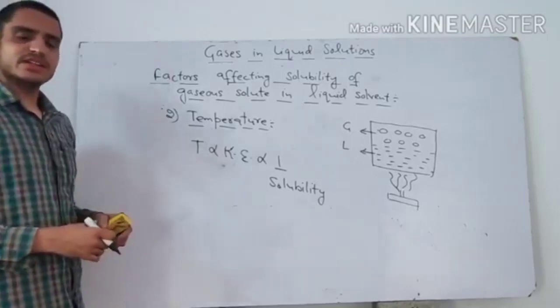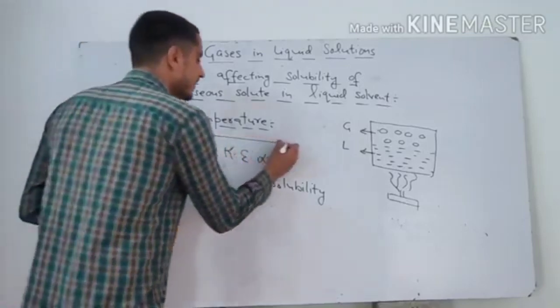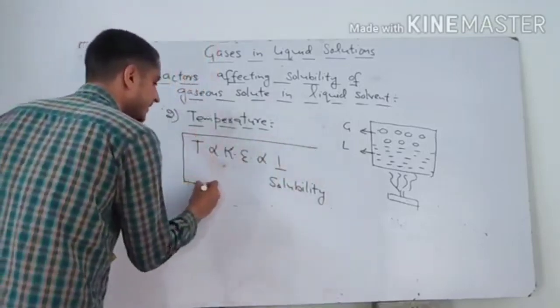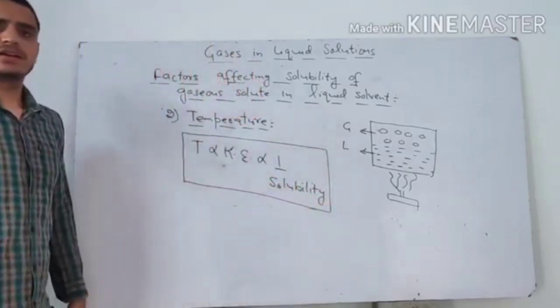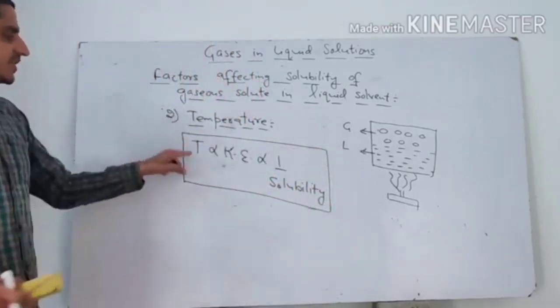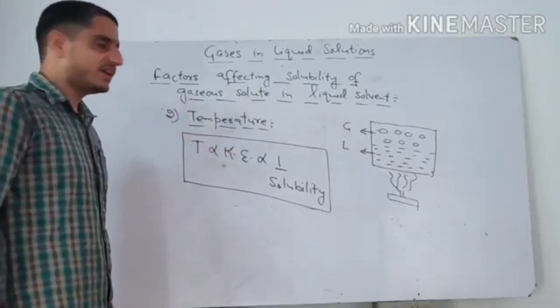When you increase the temperature, the solubility of a gas in liquid will decrease. Temperature and solubility are inversely proportional to each other. Keep this in mind. Clear?